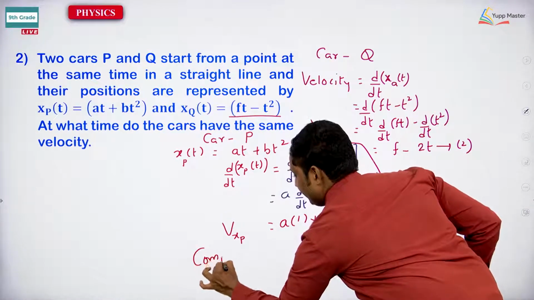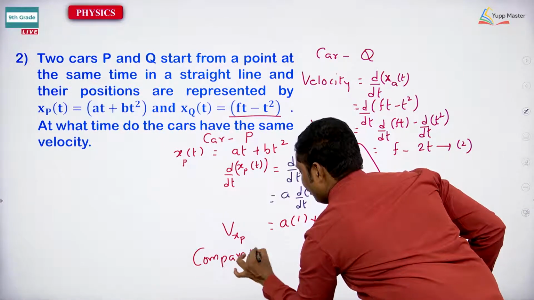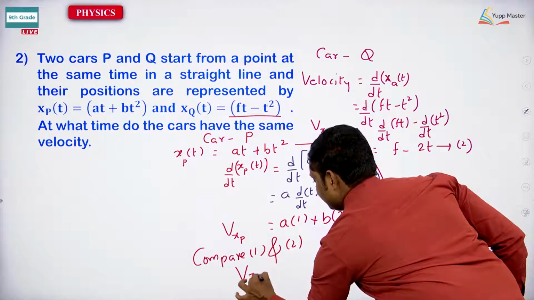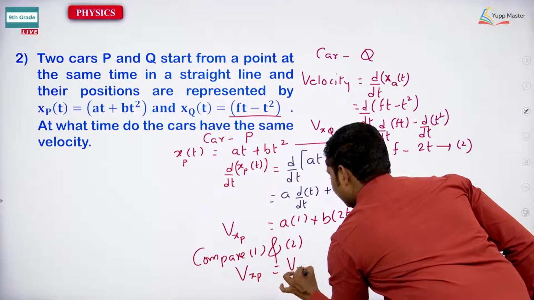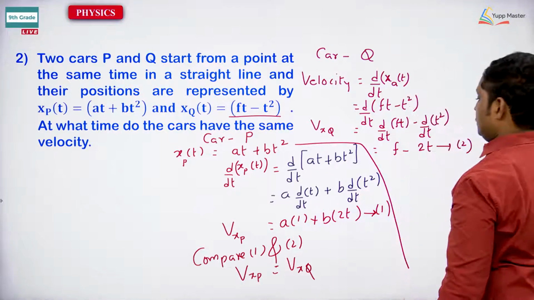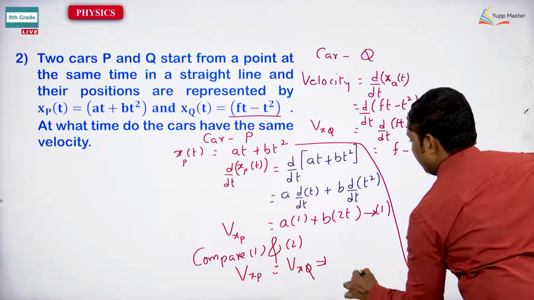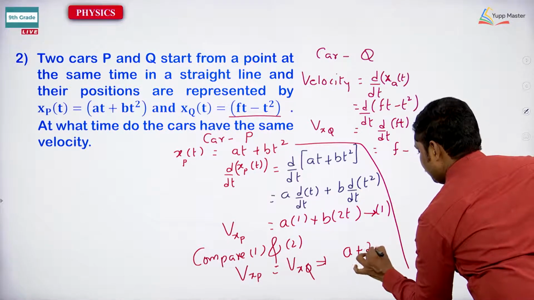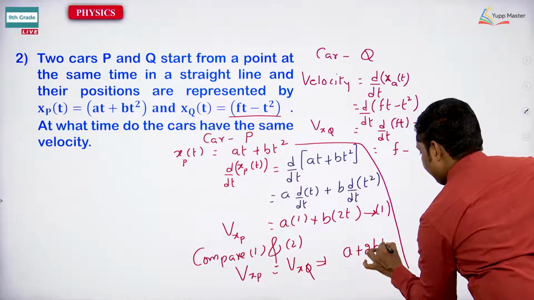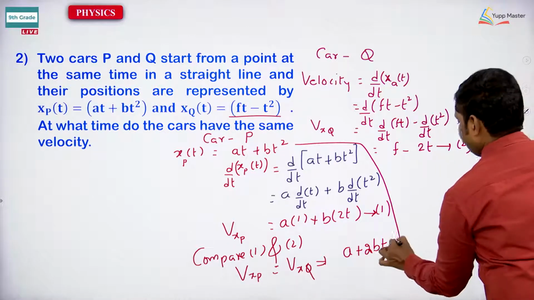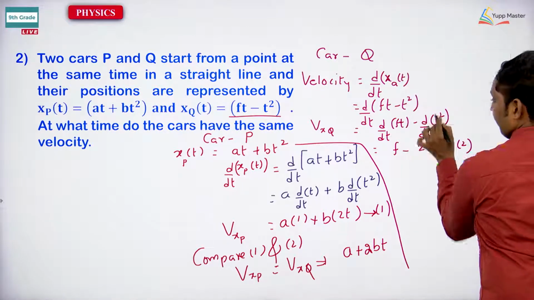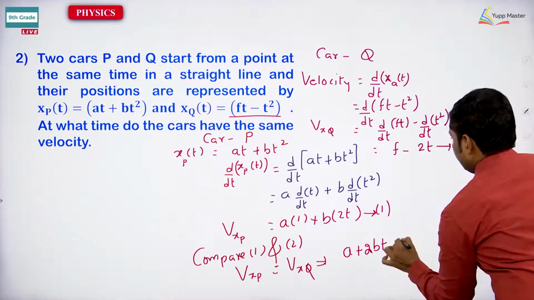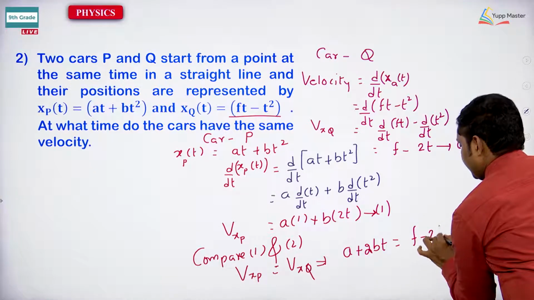Now, you have to compare equation 1 and 2, that is V x P is equal to V x Q. So, it implies a plus 2 b t is equal to f minus 2t, right.